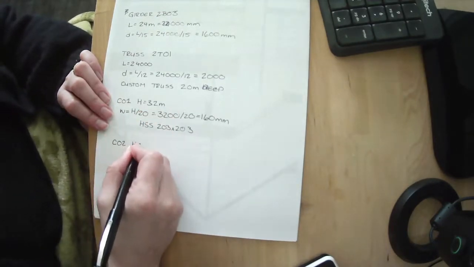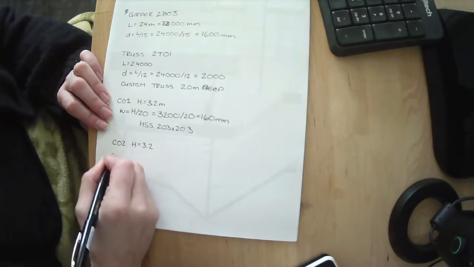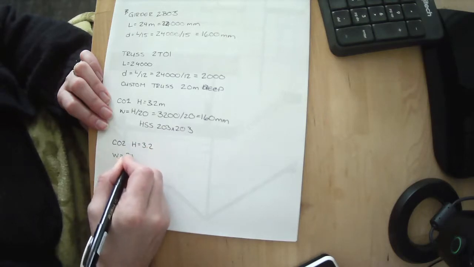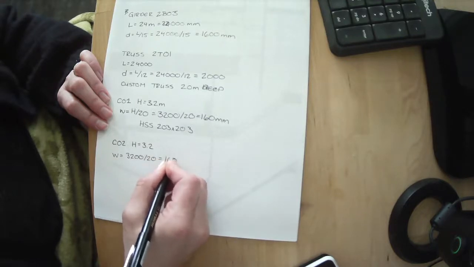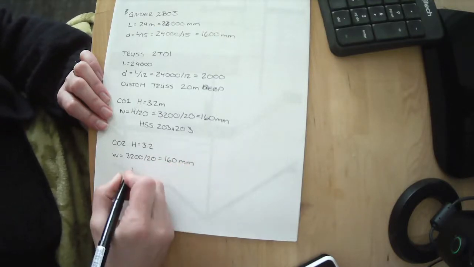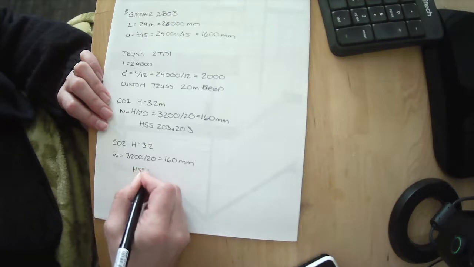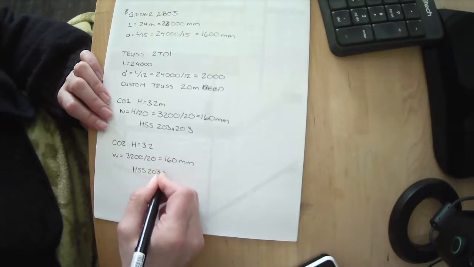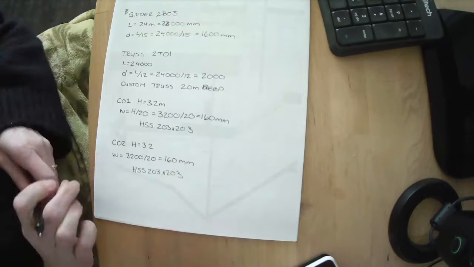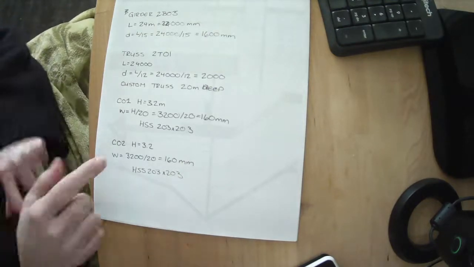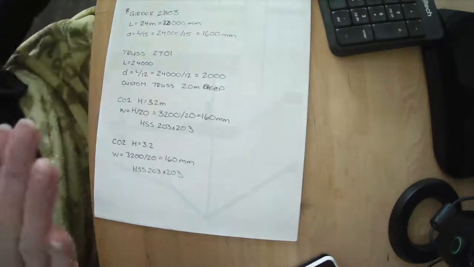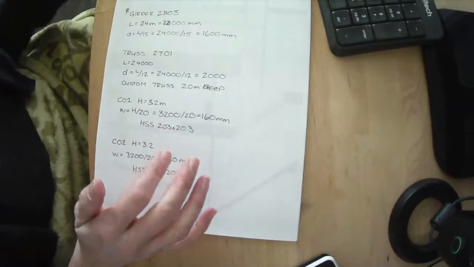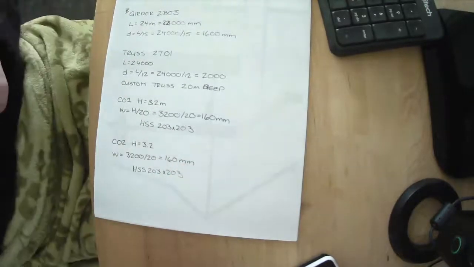Height equals 3.2, so W equals 3,200 divided by 20 equals 160 millimeters, or HSS 203 by 203. This one has double the load of this one. It's the exact same column. This is 100% the failing in sizing guidelines. This is the problem I've been talking about.